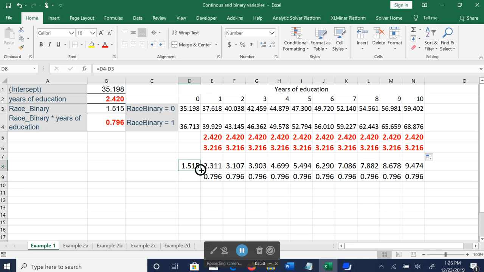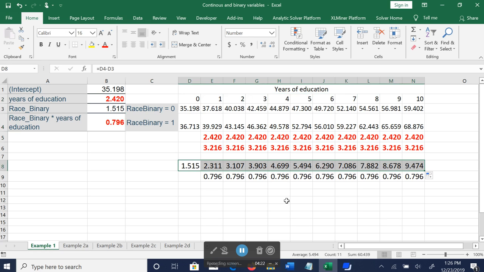In fact, we can just copy the formula over. As you can see, the ratio differences in income are going to increase. The gaps in income are going to increase between these two ratio groups when they attain additional years of schooling. As we can see from here, the gaps are going to increase.